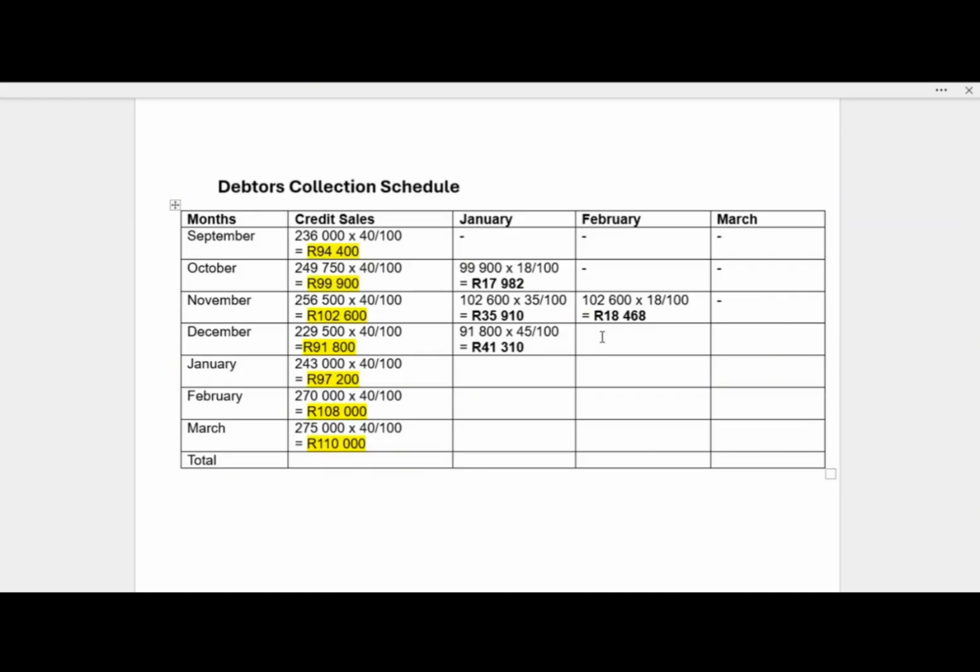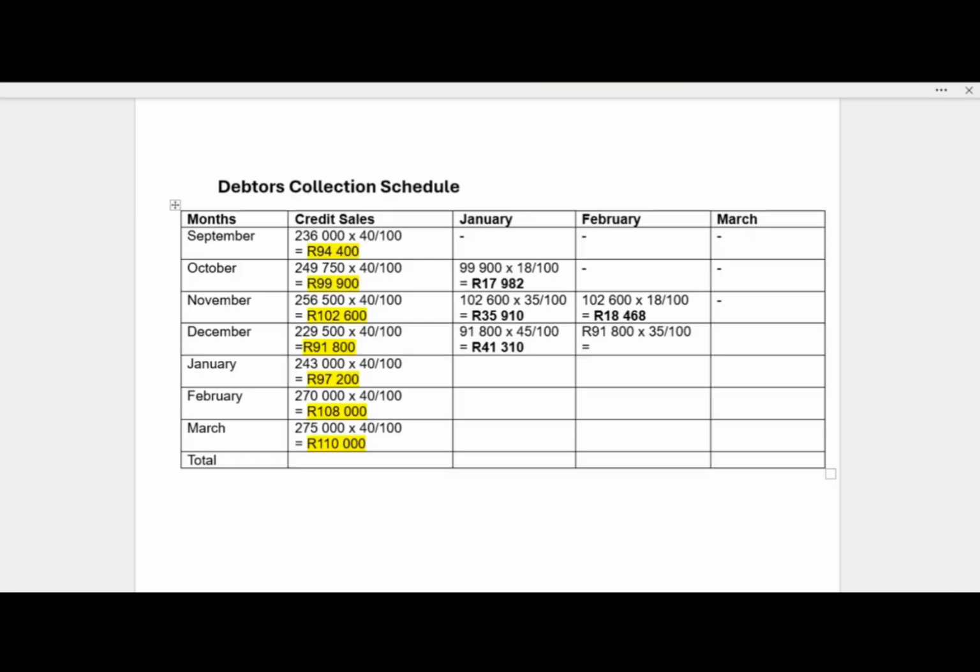Right. And then in February, for December, you are collecting 91,800 multiplied by 35 divided by 100. All right, let's see how much we are collecting. Let's put that on the calculator.